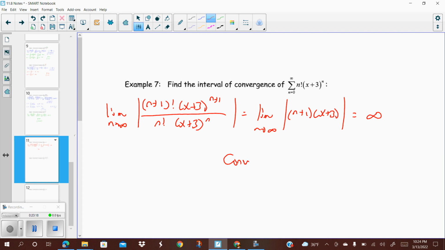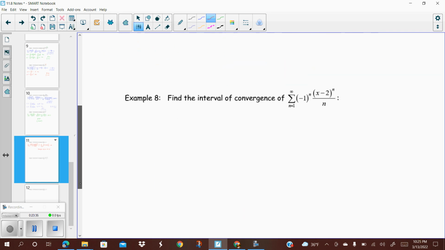So convergent only at, in this case, x equals negative 3, which would have been your center, your c value. So there really is no interval of convergence, it's just at the center. All right, two more.